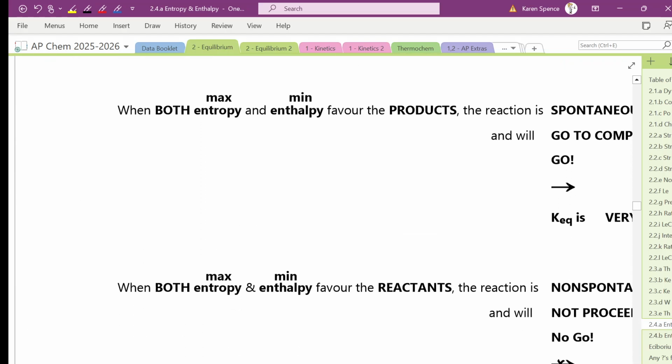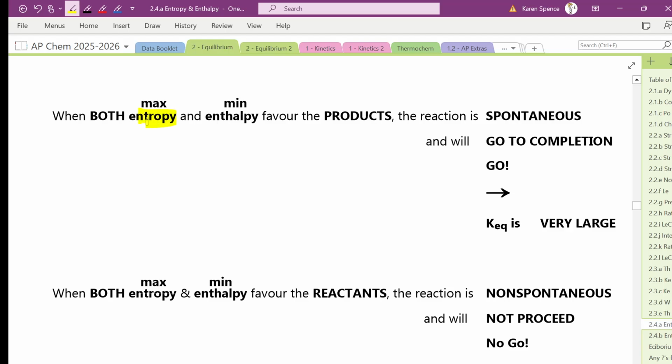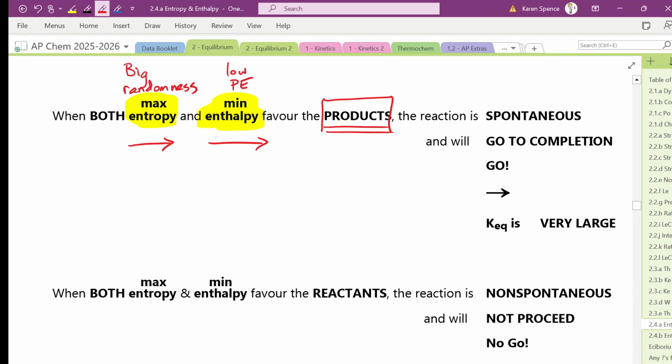All right. Now, if you have both big randomness and minimum enthalpy, that would be your low potential energy, if both of those are in the products, that means maximum entropy is pushing towards products. And minimum enthalpy is pushing towards products.